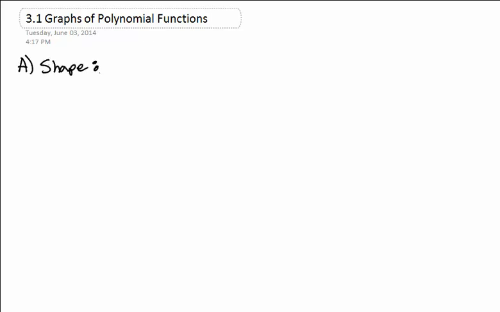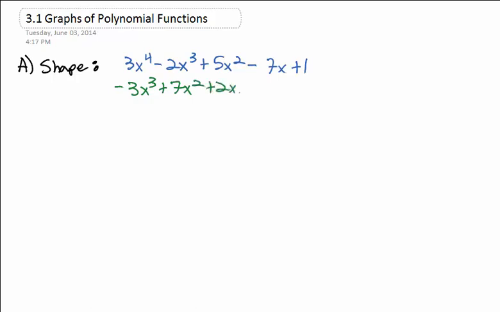of a polynomial graph. Now, polynomials will look something like 3x to the 4th minus 2x cubed plus 5x squared minus 7x plus 1. Or it might be negative 3x cubed plus 7x squared plus 2x minus 5.